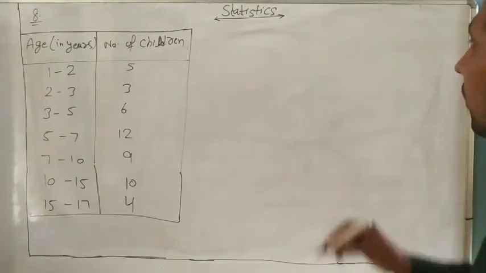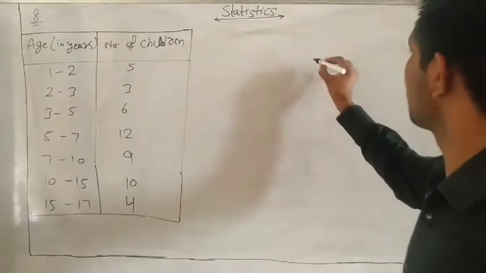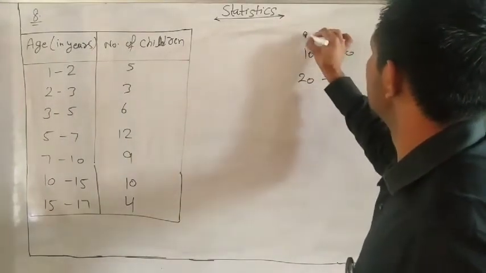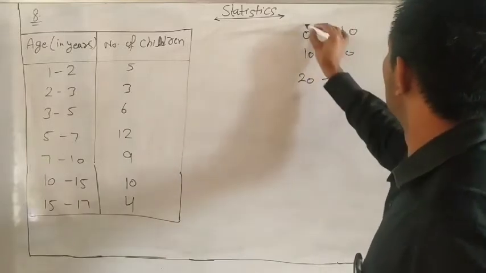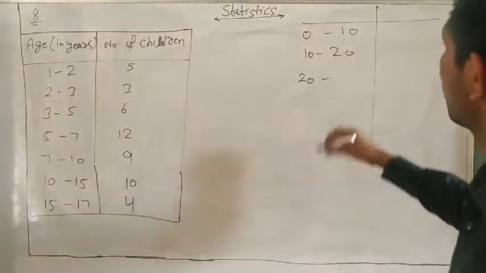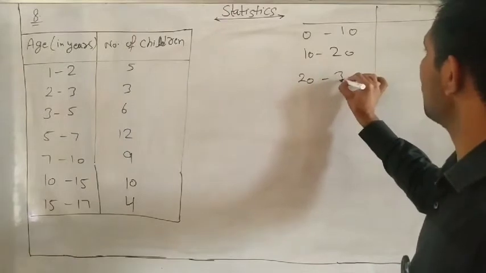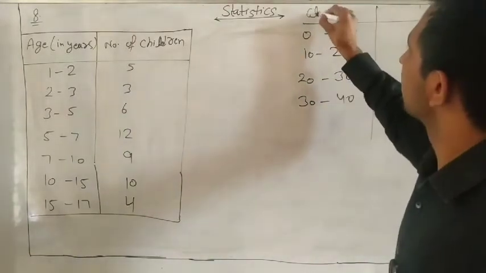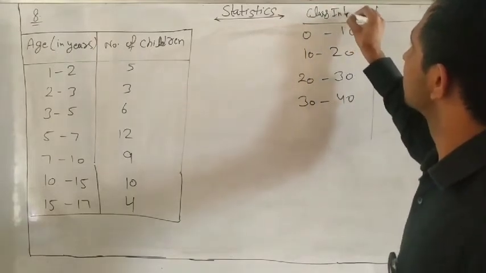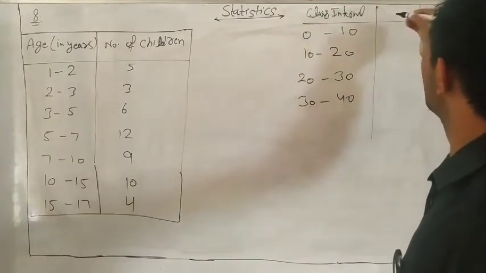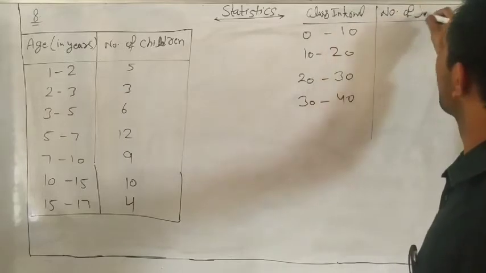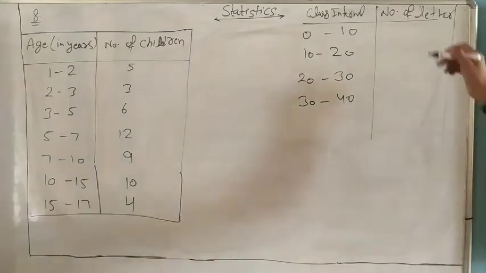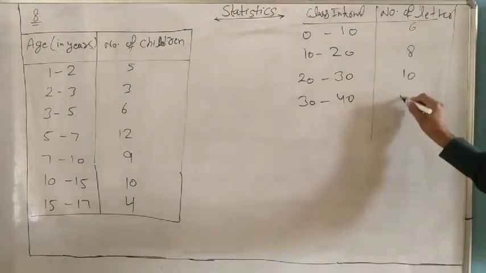Suppose I take one more example: 0 to 10, 10 to 20, 20 to 30, 30 to 40, this is the class interval, and the number of letters, number of children, is 6, 8, 10 and 12.